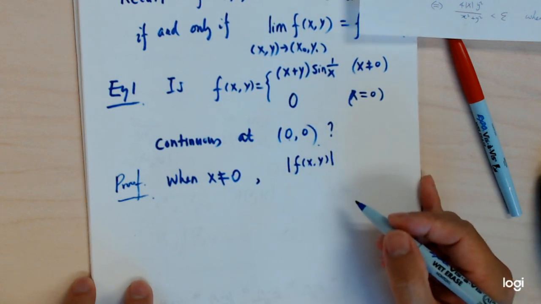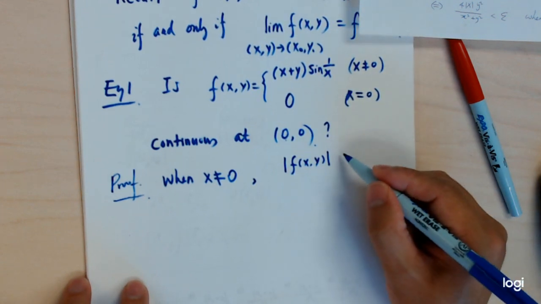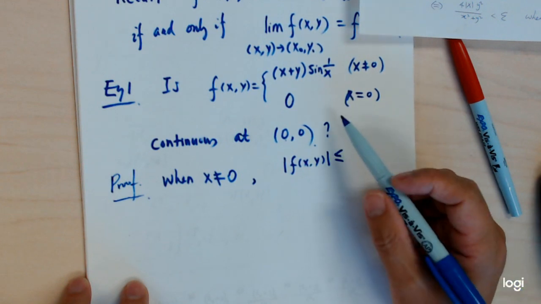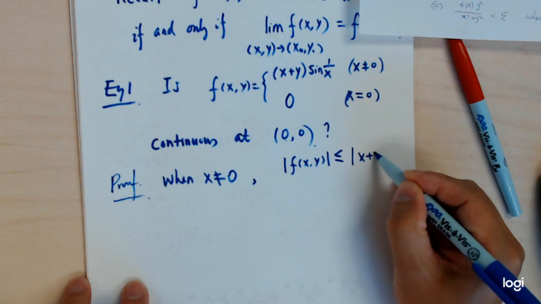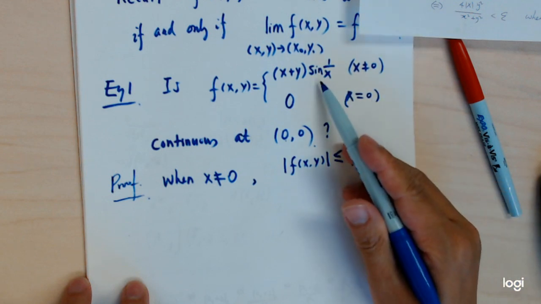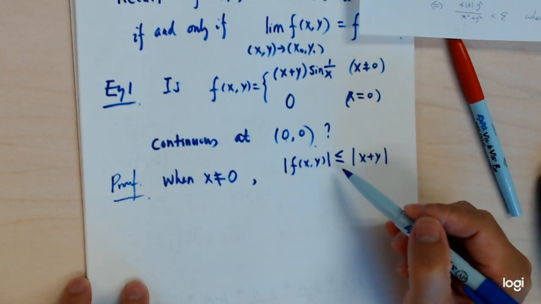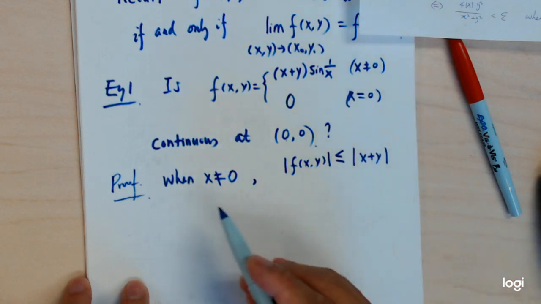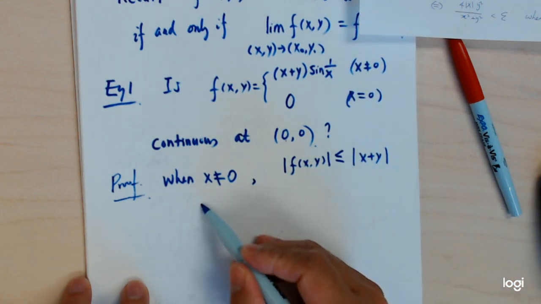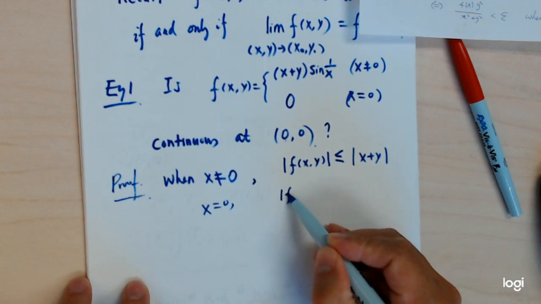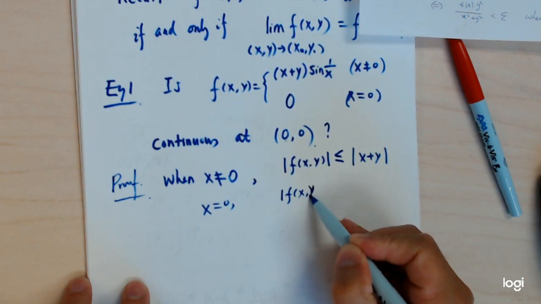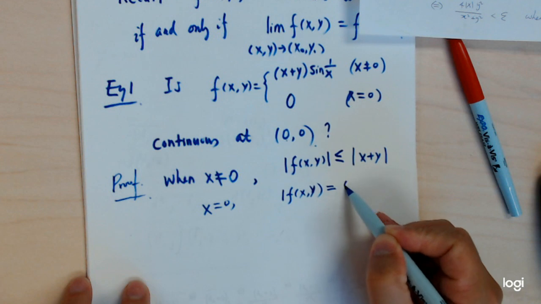I take the absolute value of it. It's pretty easy to check that this is bounded by x plus y's absolute value, because sine's absolute value is less than 1. And when x is 0, f of xy is always 0.